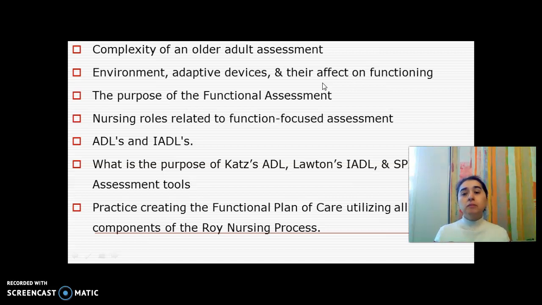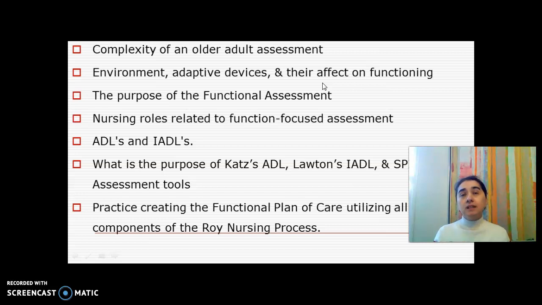The information that will be covered during today's lecture also are nursing roles related to function-focused assessment. Tools such as KATZ, Lawton, SPICES will be used to evaluate activities of daily living and instrumental activities of daily living elder adults have.